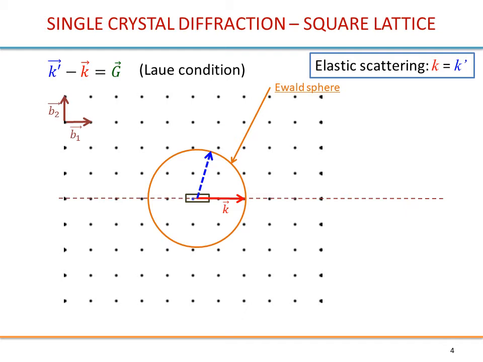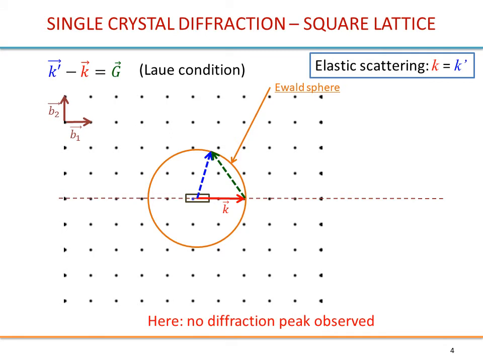Because this point is already a reciprocal lattice point, we need this tip to also be a reciprocal lattice point, because G, this vector, is a reciprocal lattice vector. We see that in this condition there is no reciprocal lattice point on this circle. Therefore there is no peak. We cannot observe any diffraction peaks in this case.